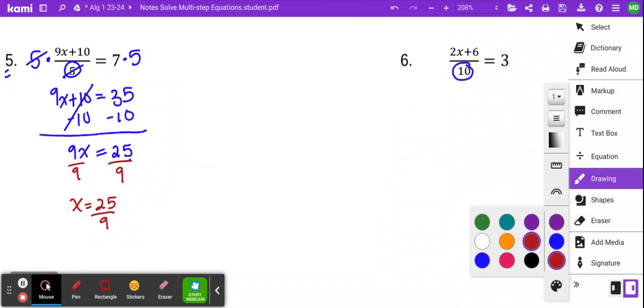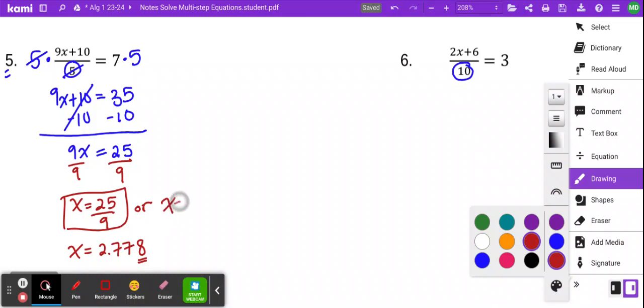Now you can leave it as a fraction. You can plug this into your calculator. 25 divided by 9 is going to give us a decimal. That's 2.77 repeating. I'm just going to round it to the nearest tenths, hundredths, thousandths place.